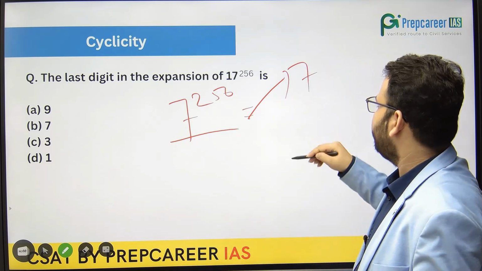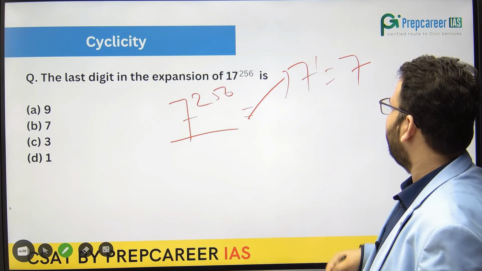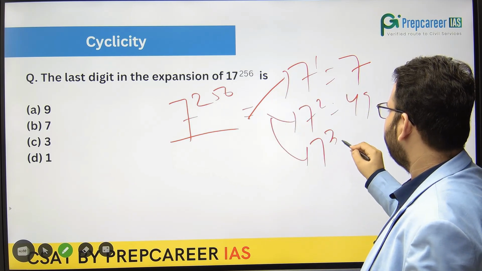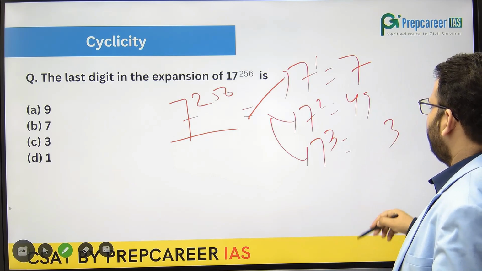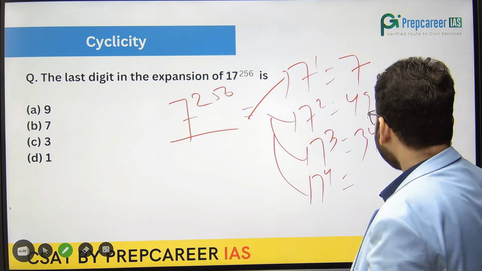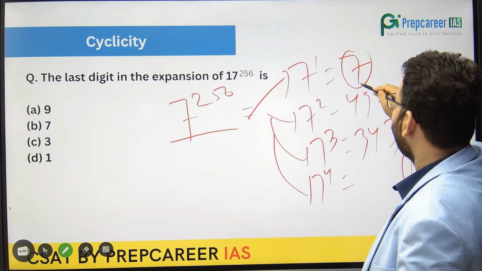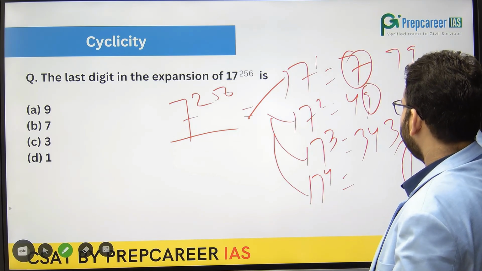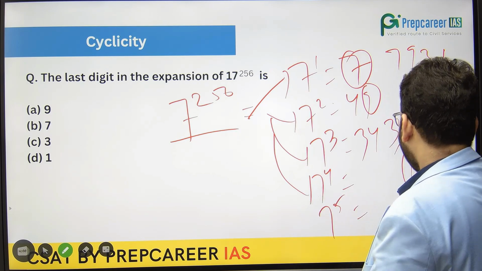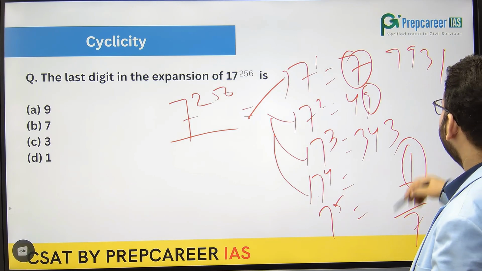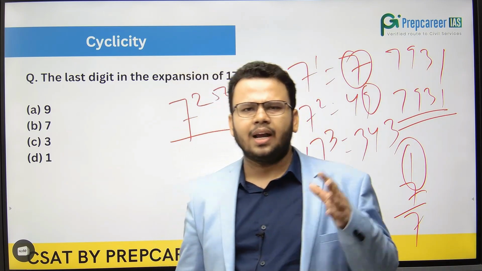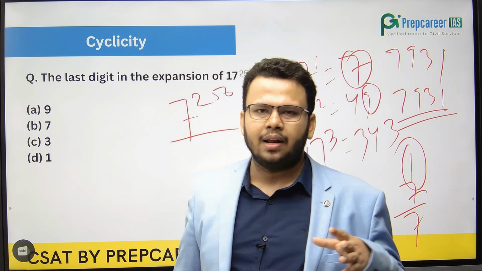So what will be the cycle length of 7? 7 to the power 1 equals 7, 7 to the power 2 equals 49, 7 to the power 3 equals 343, then 7 to the power 4 will be some number, but you can see the pattern it is following: 7, 9, 3, 1. Again 7 to the power 5 gives the number 7. So 7, 9, 3, 1 is the pattern that 7 is following. So it has a cycle length of 4. You can continue multiplying to check this.